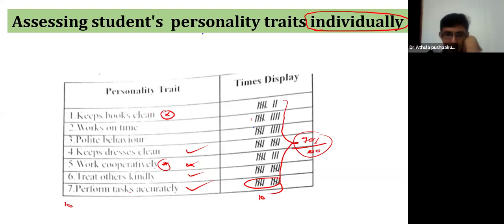Now some students can be identified as normally performing tasks accurately. Accurately means when we hold the exam, they earn the highest marks. Please think about some students who completed advanced level with 3A passes, and this state rank first, island rank first. They can normally perform their tasks accurately.